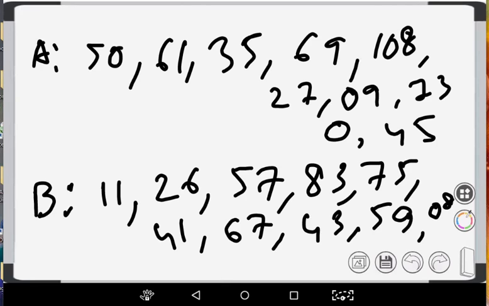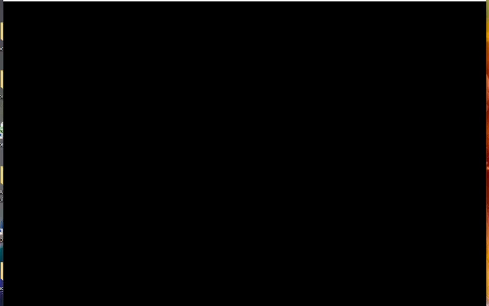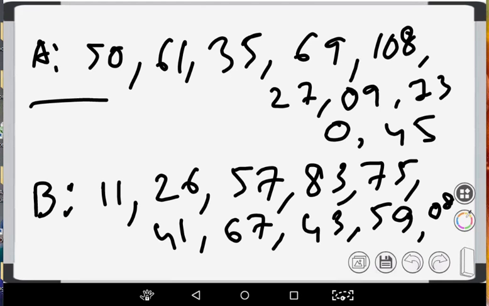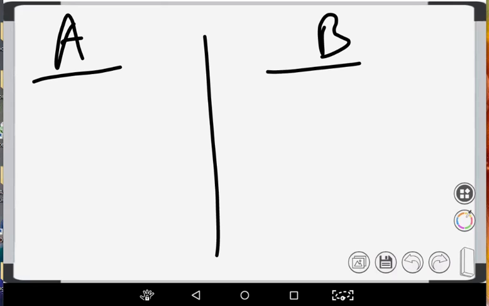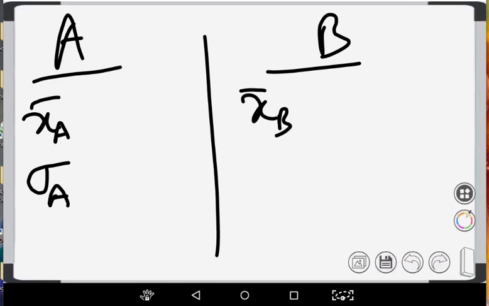The player for whom the coefficient of variation is less is the more consistent player. So for A and for B, we will find out the mean and standard deviation.